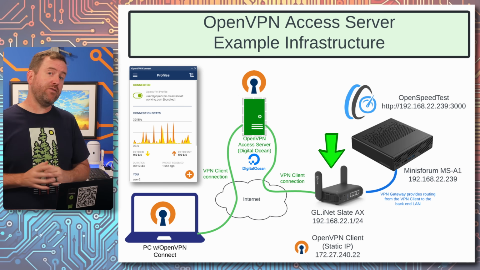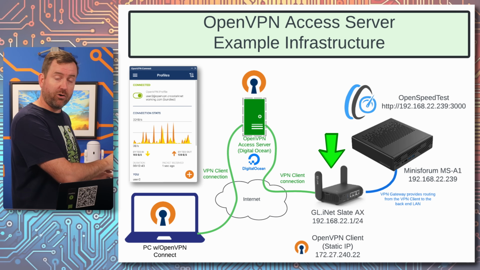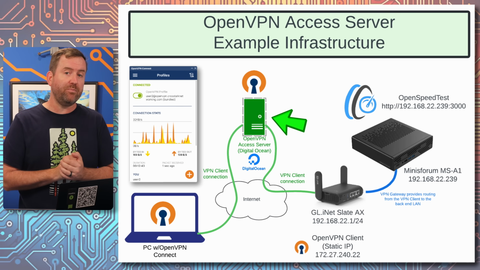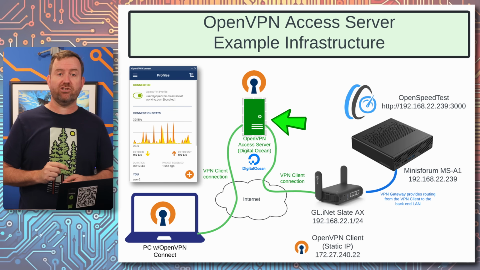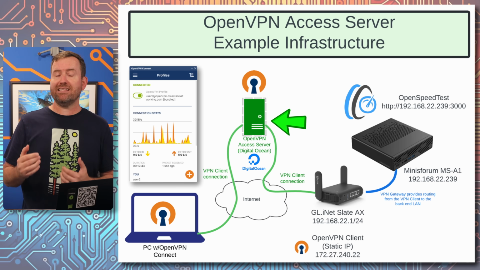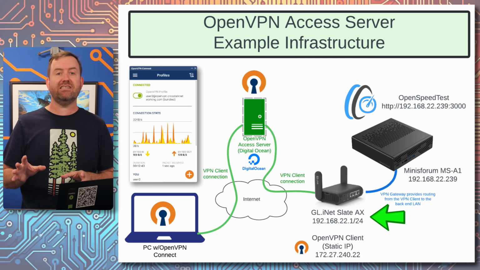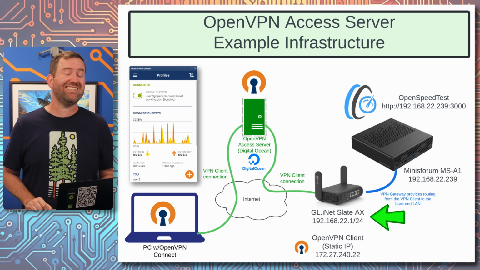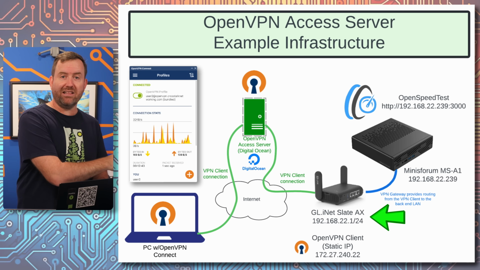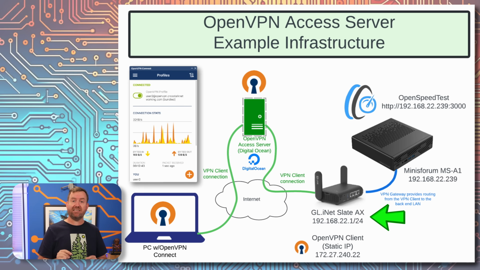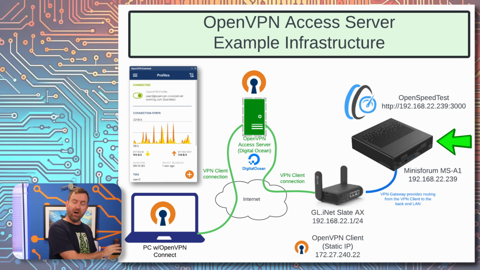Then we have another VPN client connection from our router out to that same OpenVPN access server, and we've told both the router and the access server that we want any packets destined for 192.168.22.0/24 to be sent through the VPN client connection to the Slate AX, which means we should now have access to the services that are running in the LAN of the Slate AX.